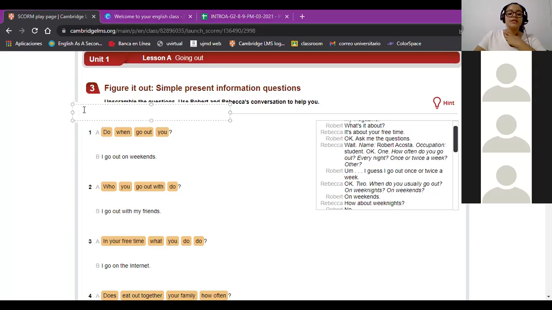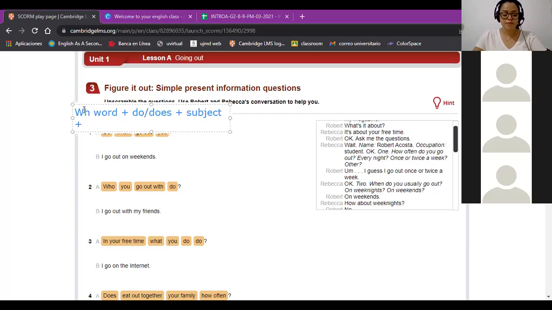Remember, this is the structure you have to follow: WH word plus do or does plus subject plus verb, plus complement, and then question mark.